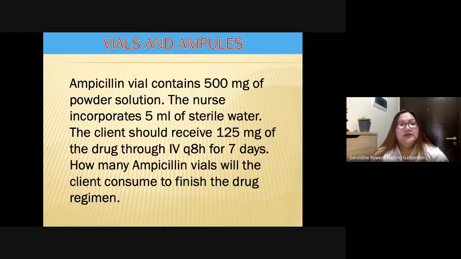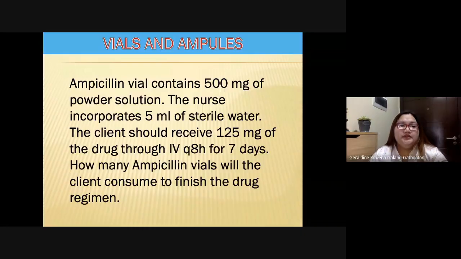So, ito naman yung isa pang posibleng computation or tanongin sa inyo. Kung ikaw yung nurse na kukuha ng mga gamot, for example, sa pharmacy, sa ospital, gaano karami yung kailangan niya na ampules or vials, for example, for the entire duration of the treatment regimen.